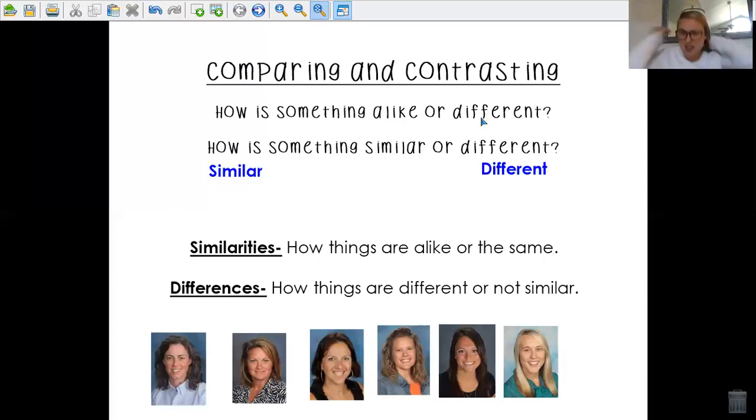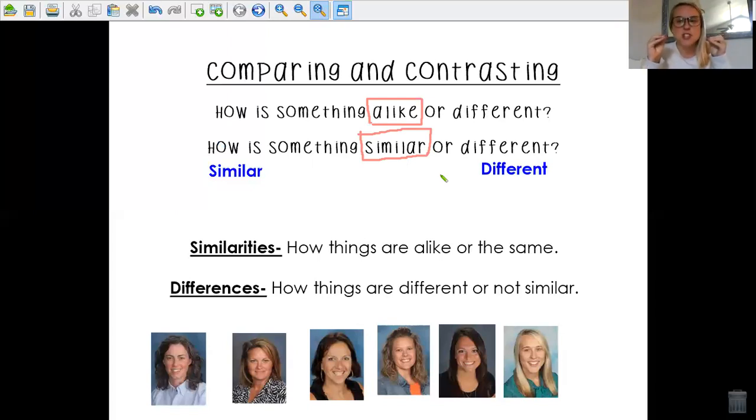Another thing that comparing and contrasting can mean is how is something similar or how is something different? And if you notice, I have alike and I have similar stacked on top of each other. And that's because alike and similar mean the exact same thing.